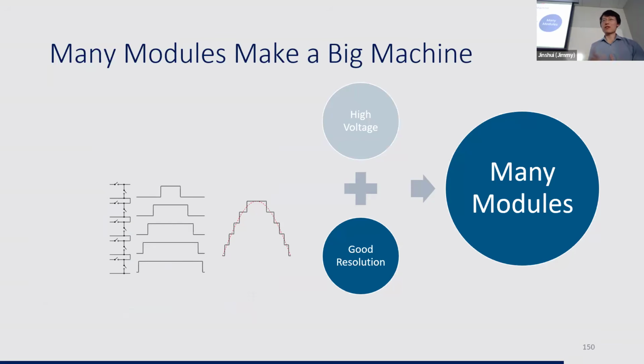Because these signals eventually go to our brain, we absolutely don't want any unknown harmonics or distortion interacting with our brain cells. We need to synthesize these pulses very precisely. And remember, the more modules we have, the more staircases we have, and the better the resolution will be. So it seems like we have no choice but to use many modules.